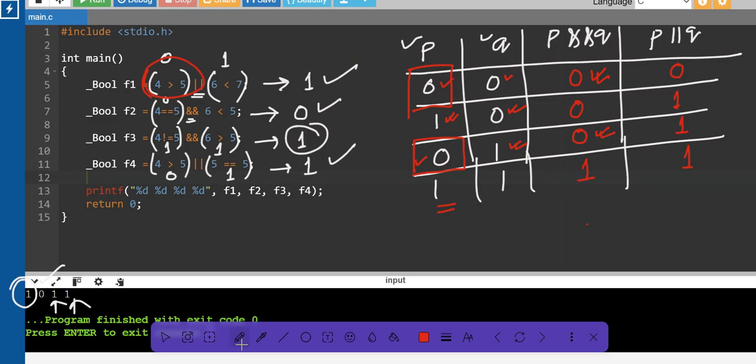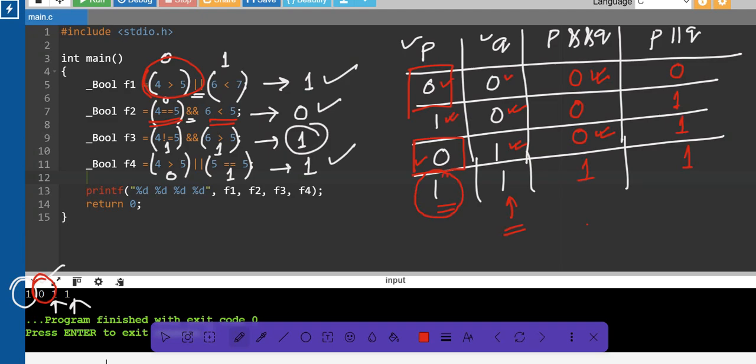You can take this example here. 4 equal to 5: the outcome of this expression is already false, so you can see the final outcome is also false. No need to check 6 less than 5. Even I did not check. So remember, the logical AND operator will consider the second condition if and only if the outcome of the first condition is true. Okay, so take a snapshot, note this down.